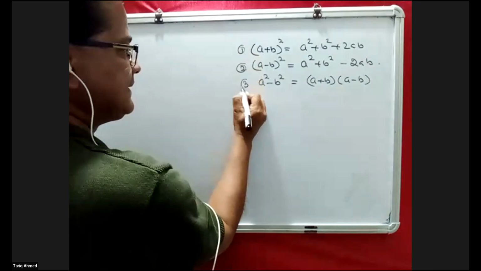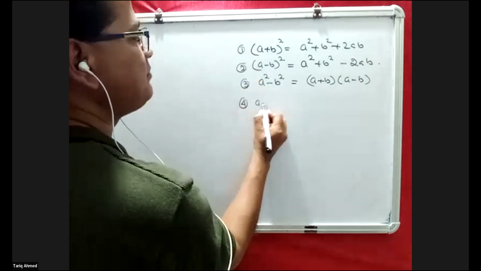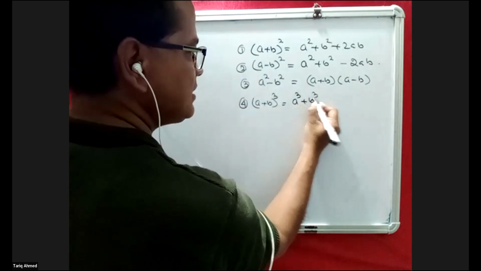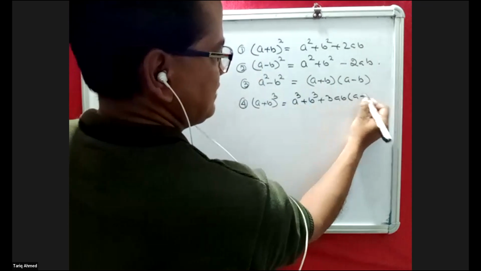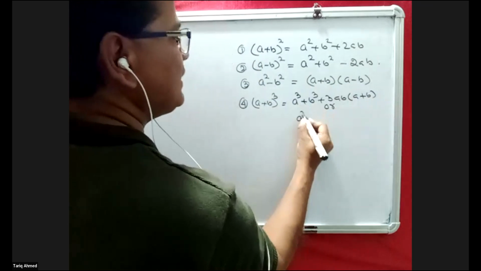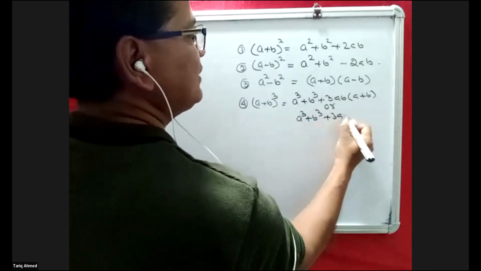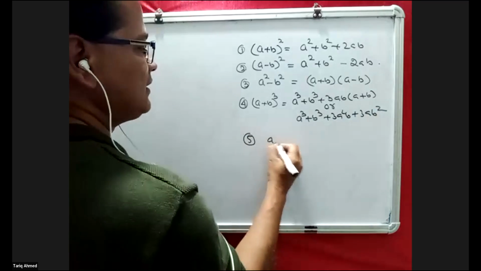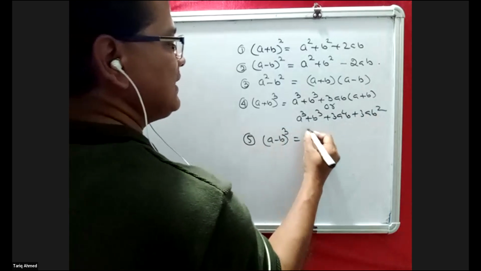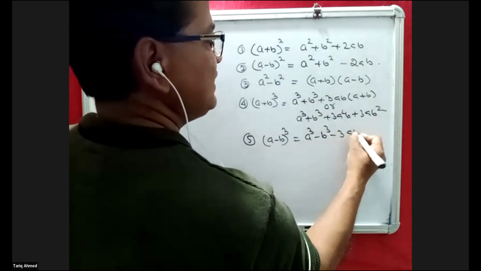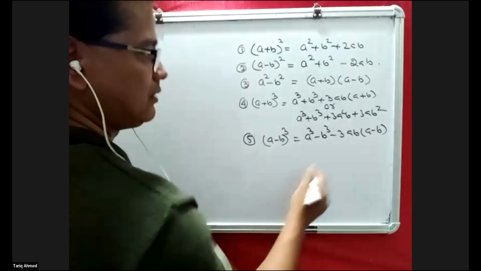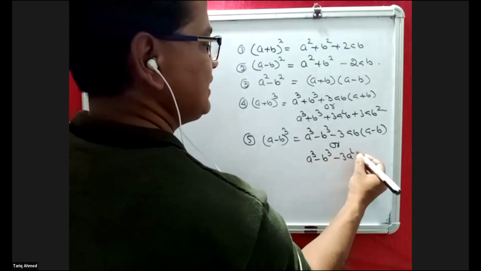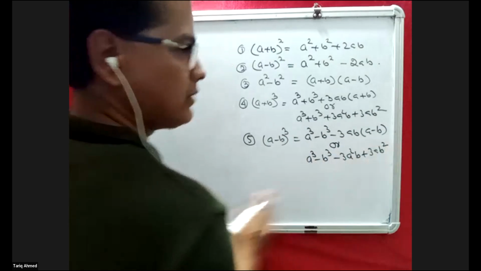Right? Then the fourth one. A plus B whole cube. Its identity is A cube plus B cube plus 3AB into A plus B. Or we can write A cube plus B cube plus 3A square B plus 3AB square. Then A minus B whole cube is A cube minus B cube minus 3AB into A minus B. If we are expanding, we can write A cube minus B cube minus 3A square B plus 3AB square.